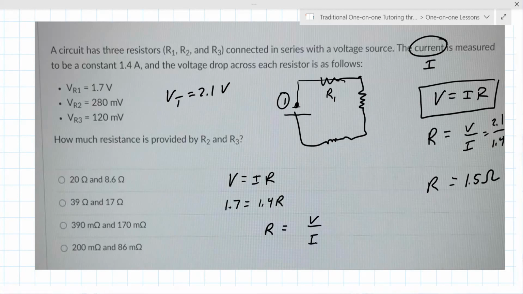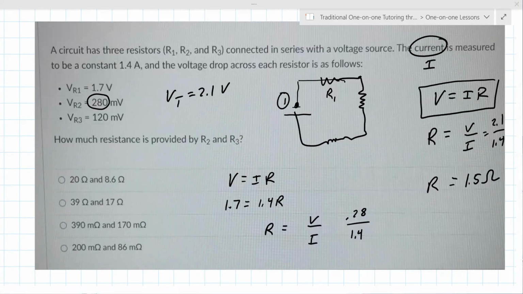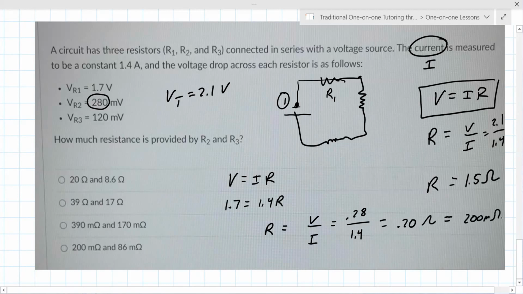So let's see here. 0.28 over 1.4. Let me see if that works out. A little bit of a guess here. So that ends up being 0.2, which would be 0.2 ohms or 200 milliohms.